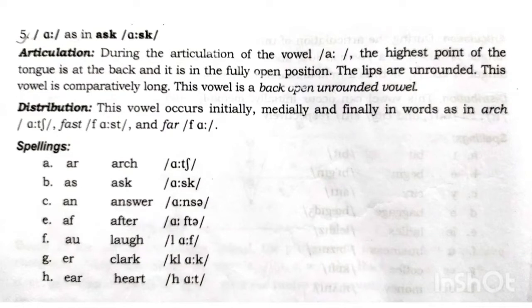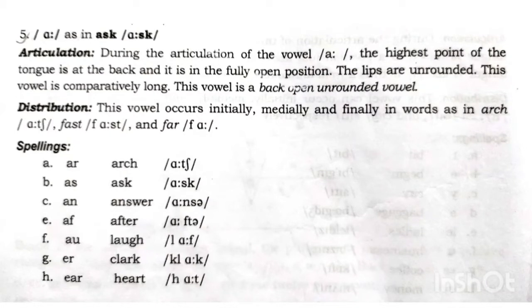You know, we make our native interventions in the language of English, but at times we have to correct ourselves also. It is arch, where the r is silent, and here it occurs initially.